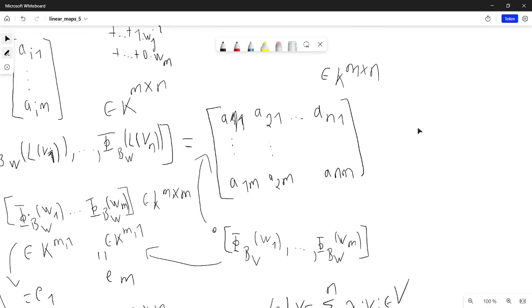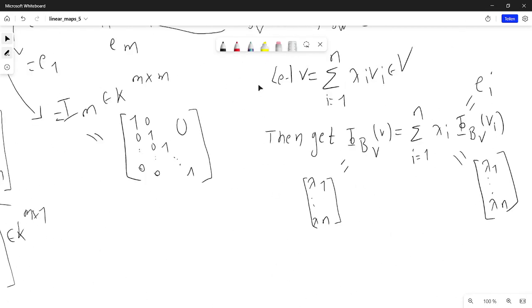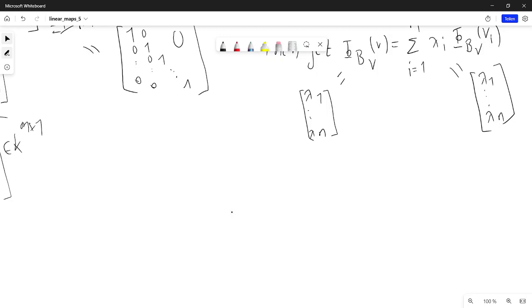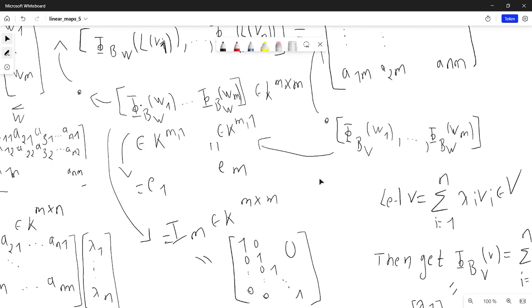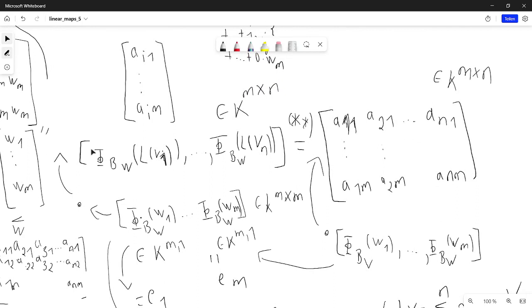Let's call this equality double star. All right. By double star, let's recall for a minute what it was, properly, right? We had that.